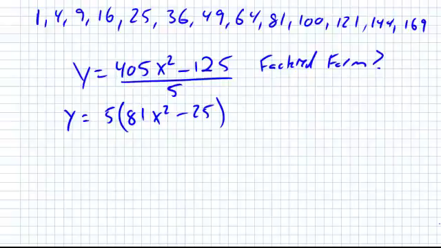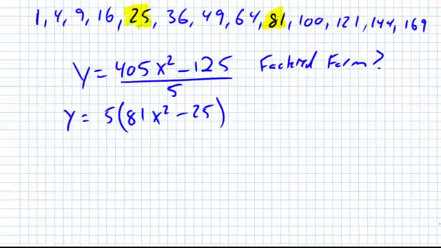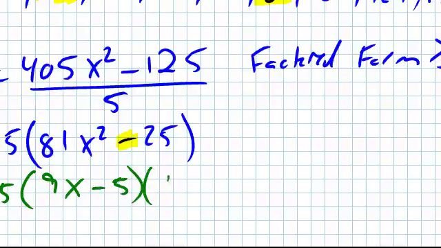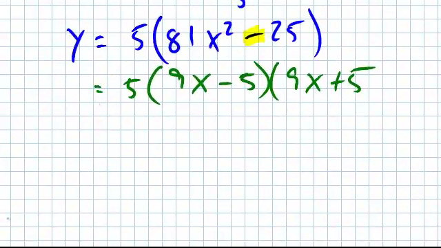So now I notice 81 and 25 are both on my list. So this is the difference of squares. I have a minus in the middle. That's good. So let's factor it. It's going to be 5 times 9x minus 5 and 9x plus 5, since the square root of 81 is 9 and the square root of 25 is 5. Easy enough.